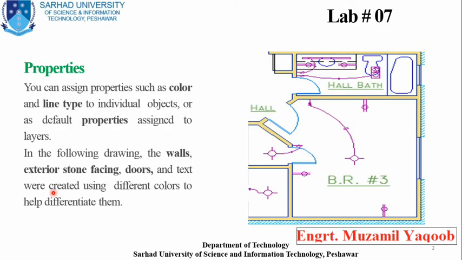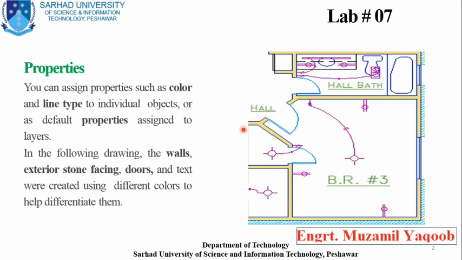So dear students, in today's video lecture we are going to discuss the Properties function of AutoCAD 2016. You can assign properties such as color and line type to individual objects, or as a default property assigned to layers in the following drawing.